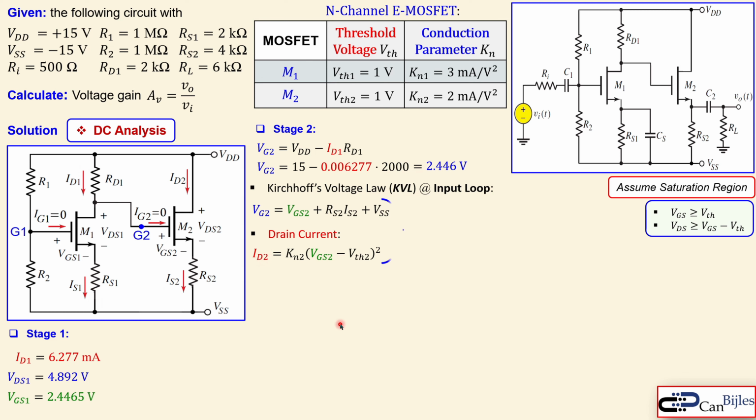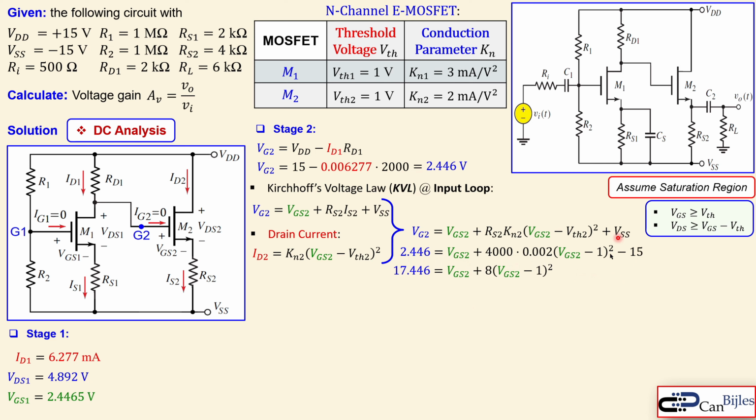When you combine this, substituting ID2 in here for IS2 because they are equal, because it's a symmetric device, we get the following expression. Now we can substitute the value for VG2, VSS, the resistors, the process conduction parameter, and the threshold voltage. So we get the following, where again you see that the only unknown is VGS2 for the second stage.